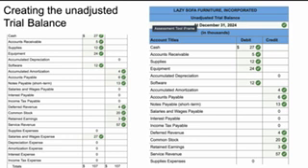From here is creating the unadjusted trial balance. We create it by listing all account titles and their balances from the ledger. Place debit balances in the debit column and credit balances in the credit column, where debit is left and credit is right, and confirm that both columns are equal.